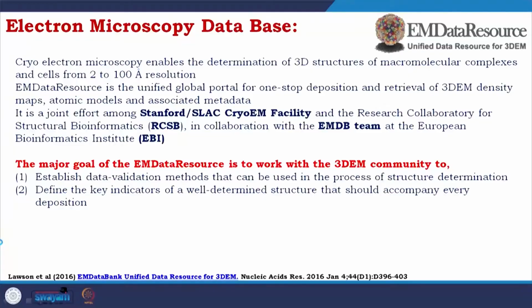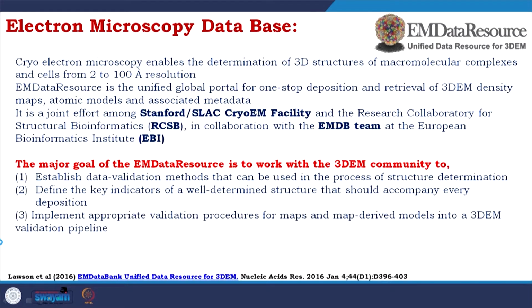So, once the data is prepared, the data has to be deposited and then the data has to be validated. Define the key indicators of a well determined structure that should accompany every deposition. So, the comparison and getting the quality of the structure. Implement appropriate validation procedures for maps and map derived models into a 3D electron microscopy validation pipeline.